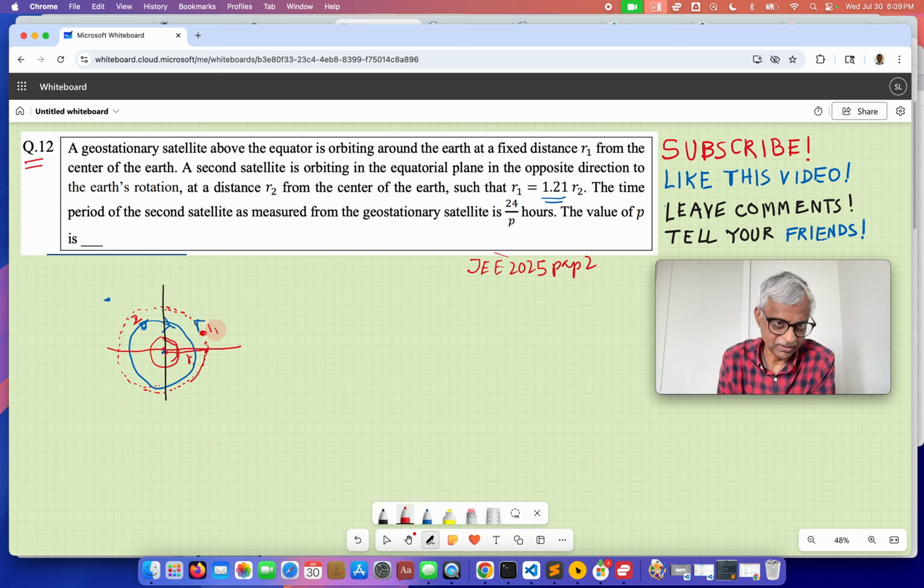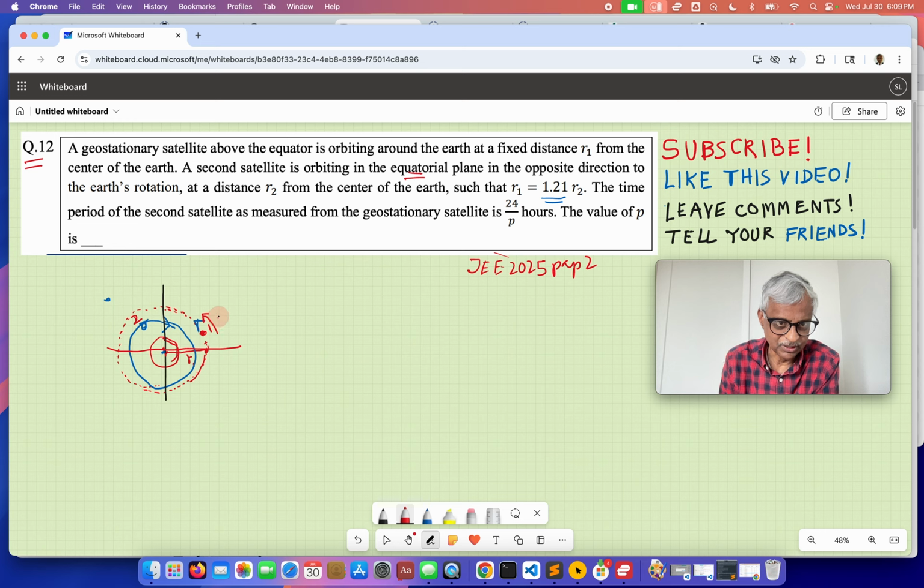So this guy is going in the opposite direction. The second one is in the equatorial plane. So I'm just looking from above, so they look this way to me.